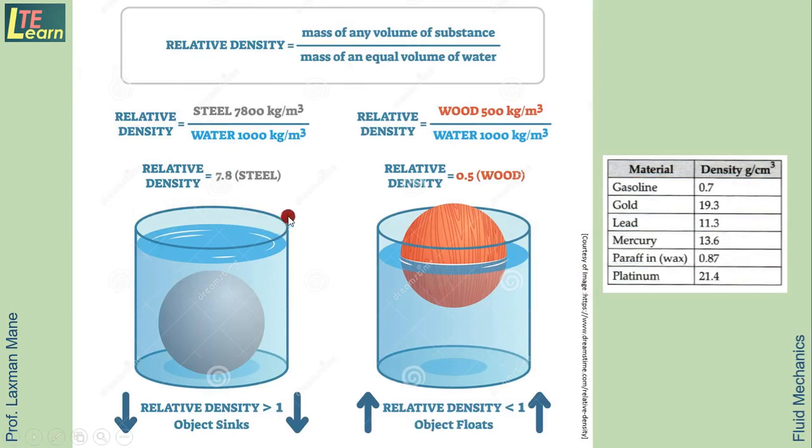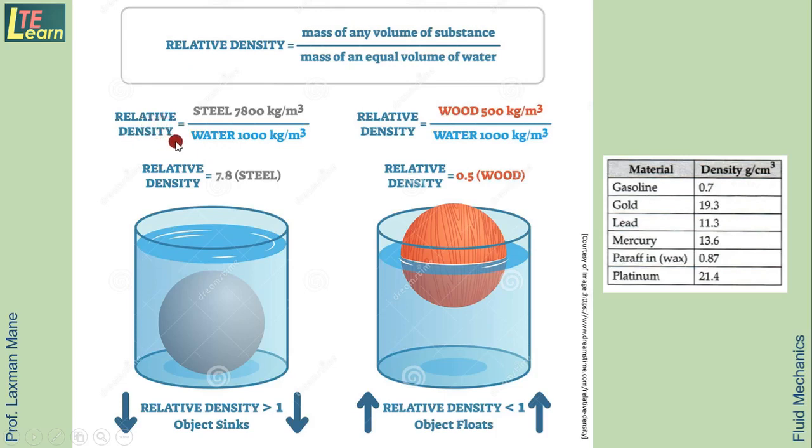Specific gravity is also used in order to understand whether any object, if we keep it in a liquid, will sink or float on the liquid. That will be decided by the ratio that is called specific gravity, the relative density.